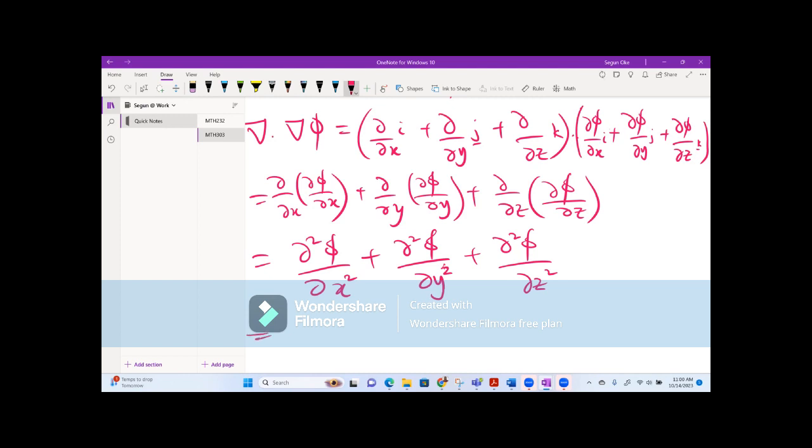Something is common to them: the phi is common to them. Like I said, this is d squared dx squared plus d squared dy squared plus d squared dz squared, all multiplied by phi. It's the same thing. So I show it. I just prove it.